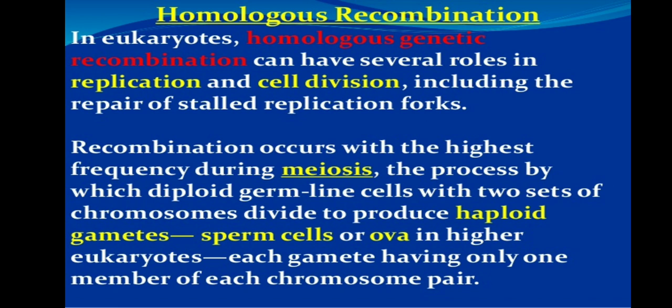Generally, in bacteria, homologous genetic recombination is basically a DNA repair process.